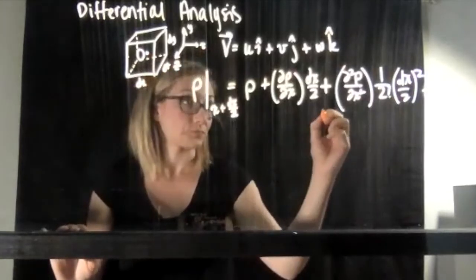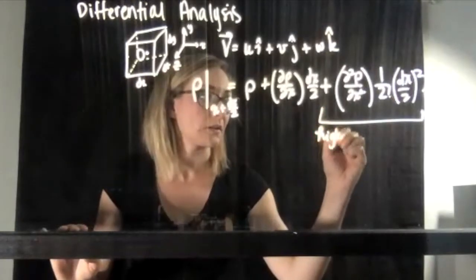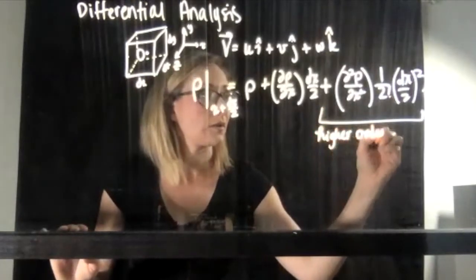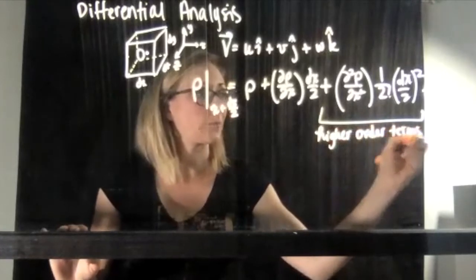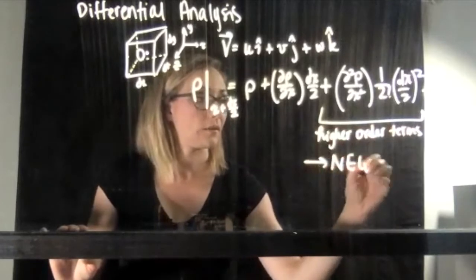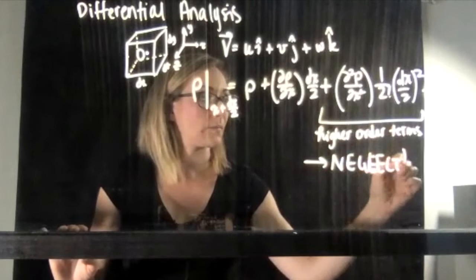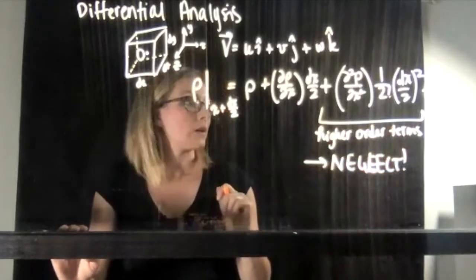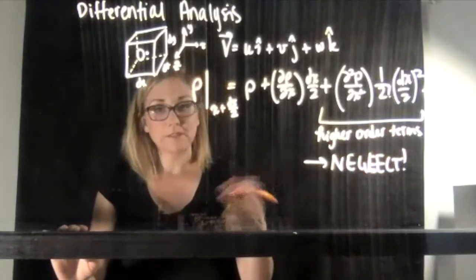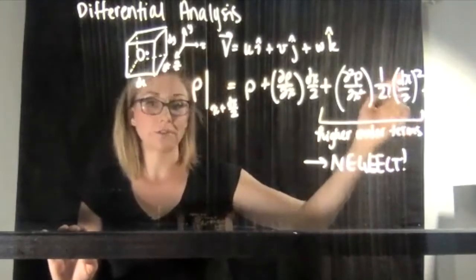So these are higher order terms. We're going to neglect them. And the reason for this is, as we've done in class before, here you'll notice there's a differential, it's squared.